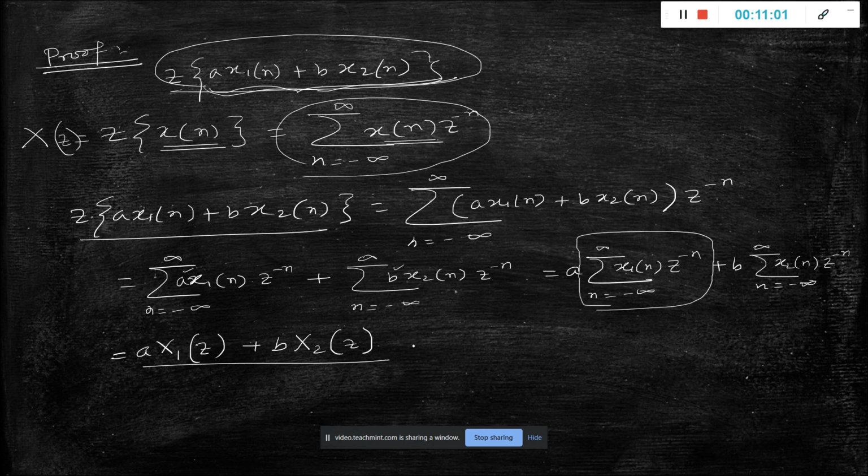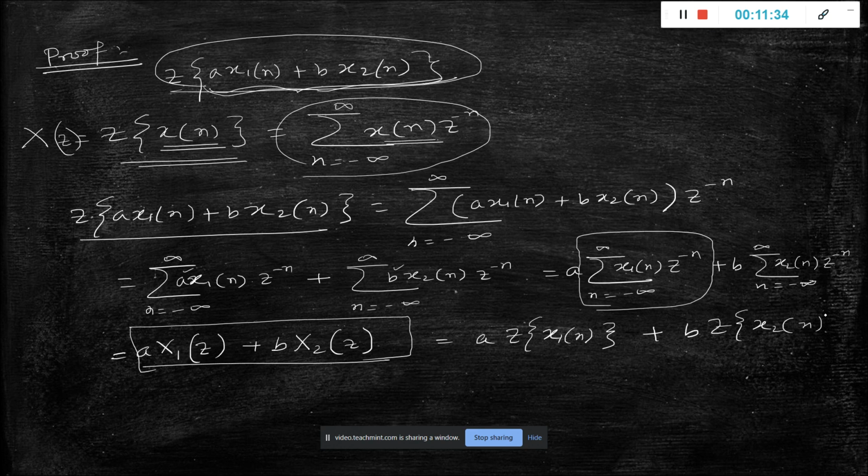Or if you are not getting this point or you are confused about this point, I am adding an additional step, that is summation x1n z to the power minus n is nothing but the z transform of x1n. So a into z transform of x1n plus b into z transform of x2n.